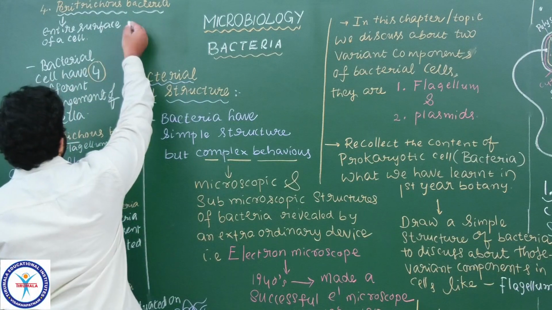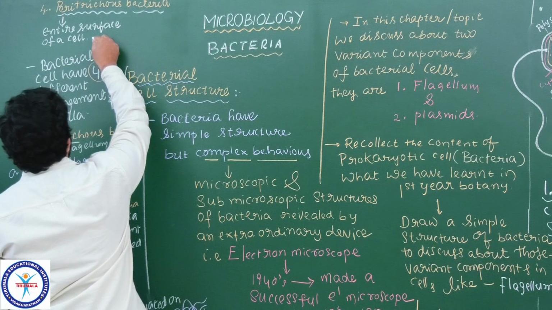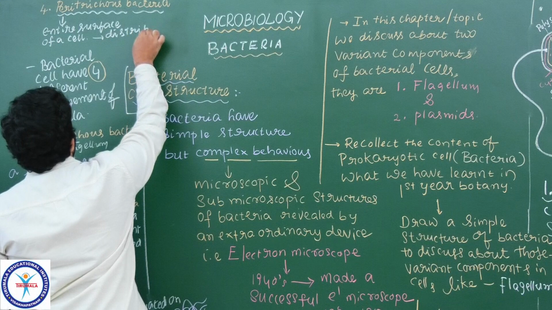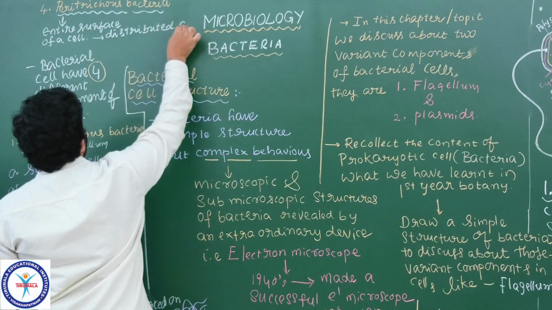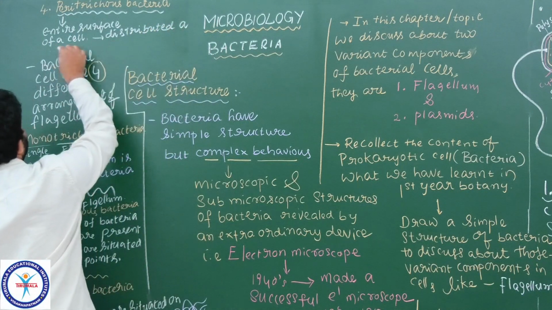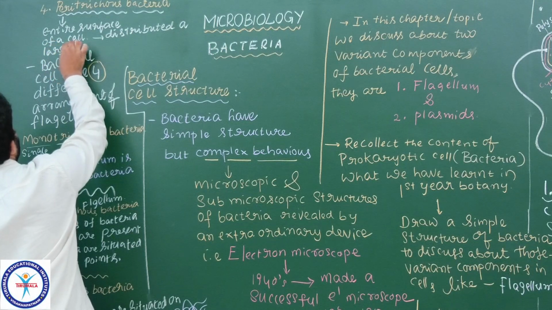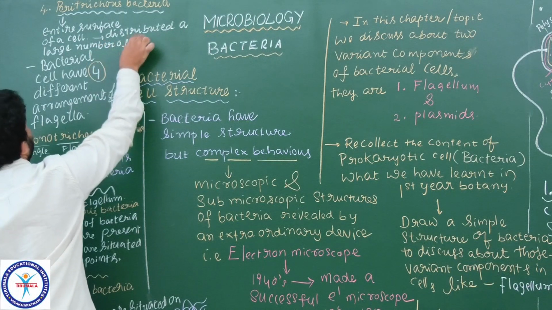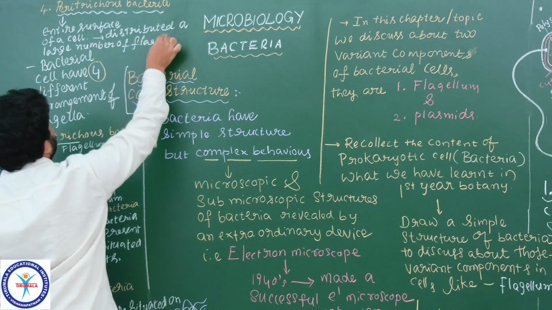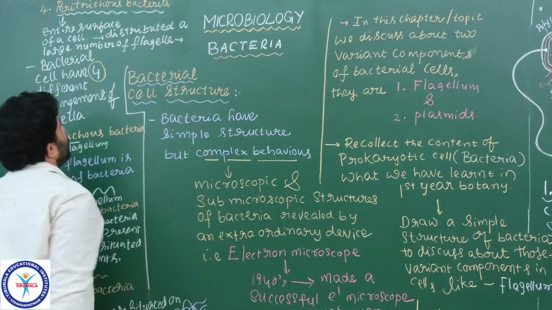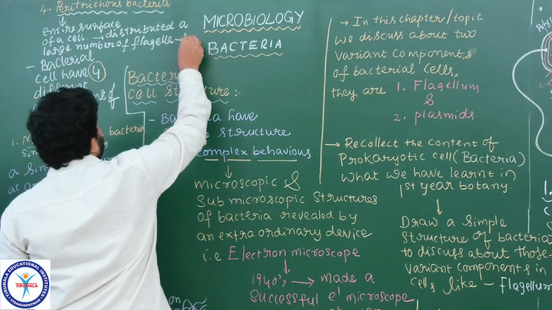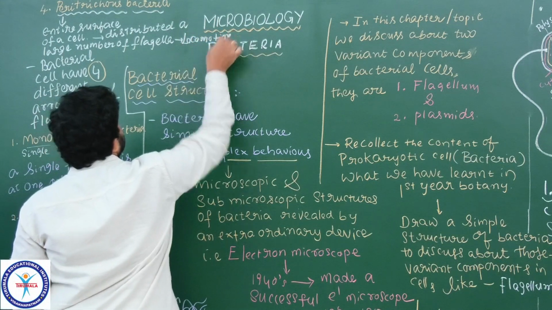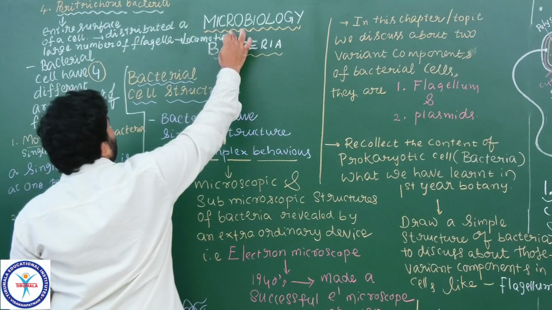Now you please write here, that is entire surface of a cell distributed by a large number of flagella for giving locomotion in all the sides, from all the sides. Now got the point? Locomotion from all the sides.